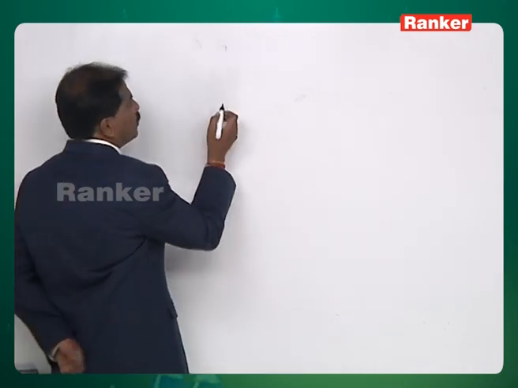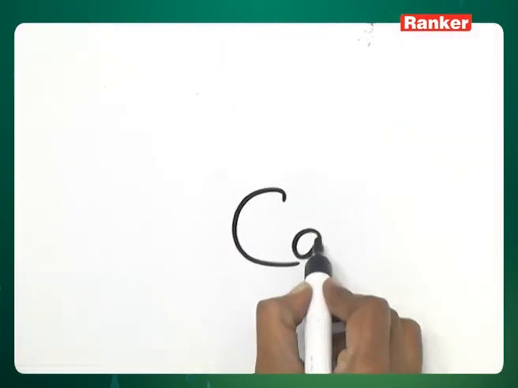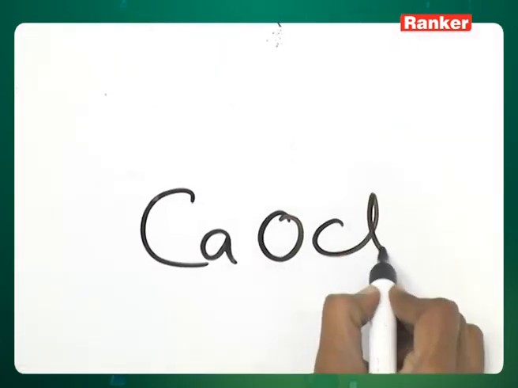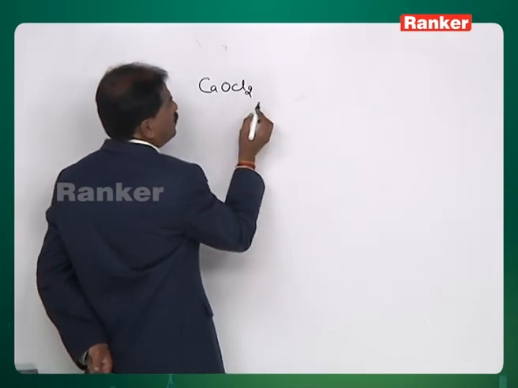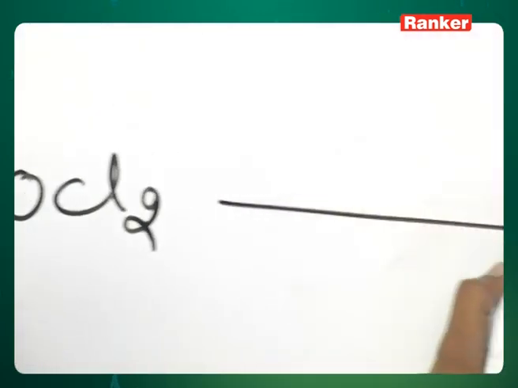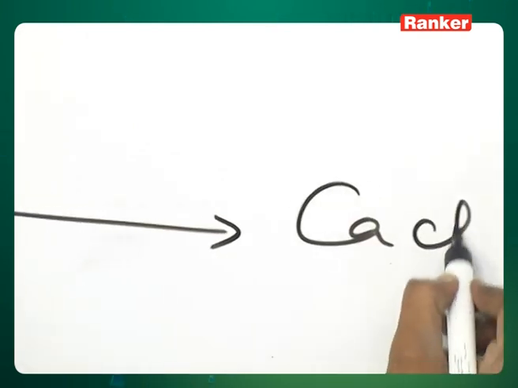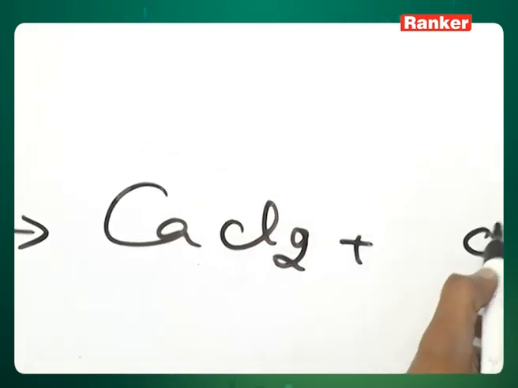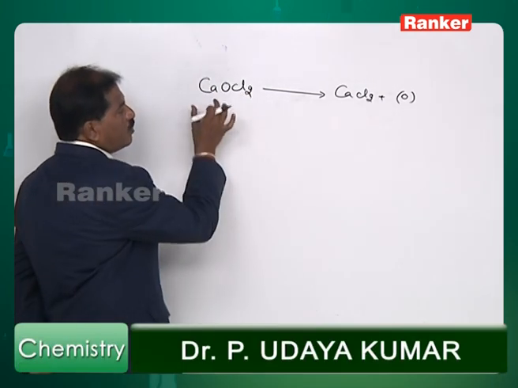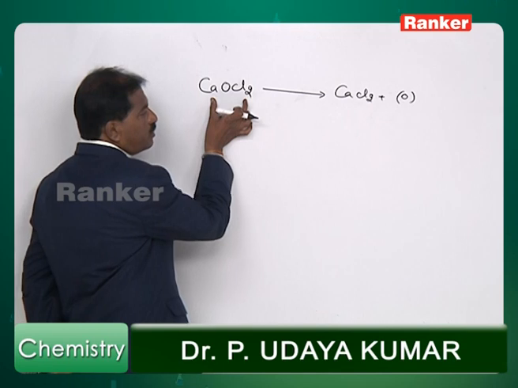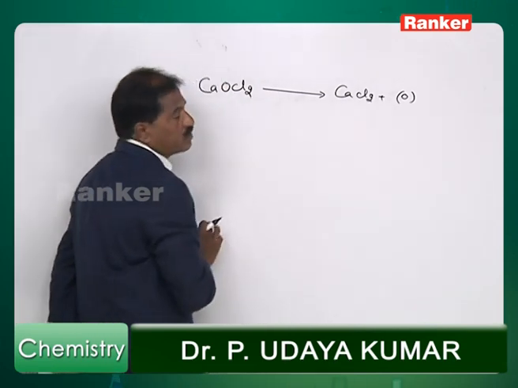Next, another well-known example is bleaching powder. When bleaching powder participates in any reaction, it will be converted into calcium chloride and it will supply the nascent oxygen. So here one molecule of the bleaching powder will always supply one nascent oxygen.